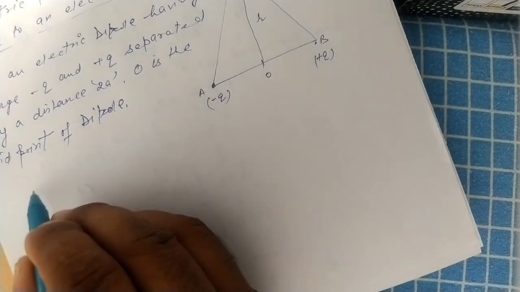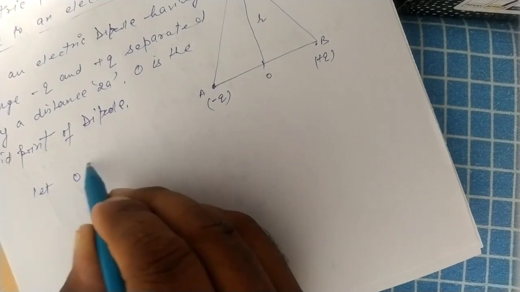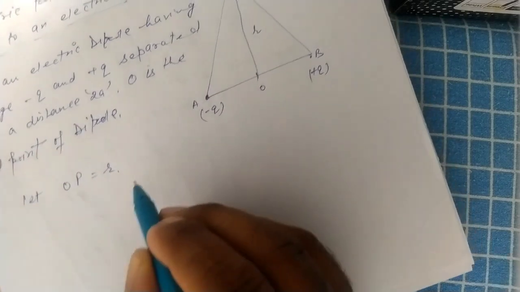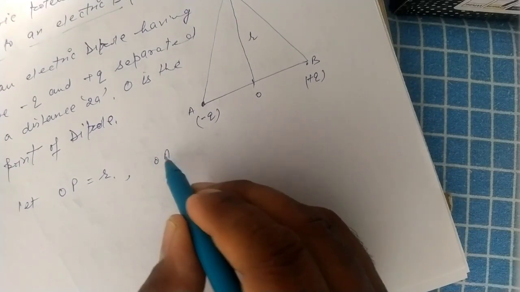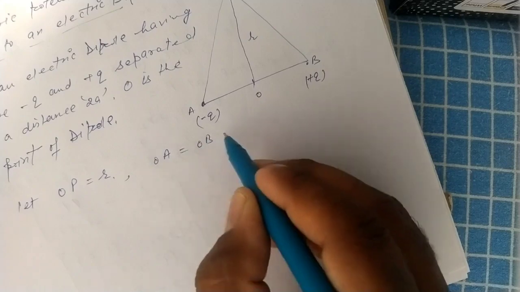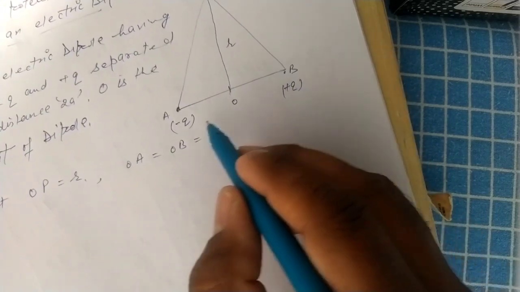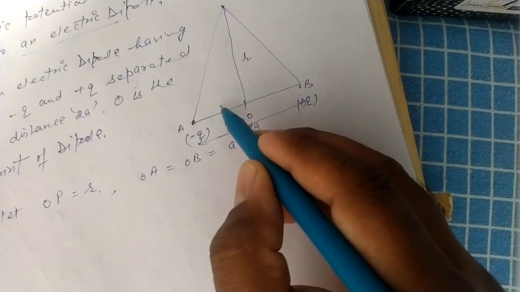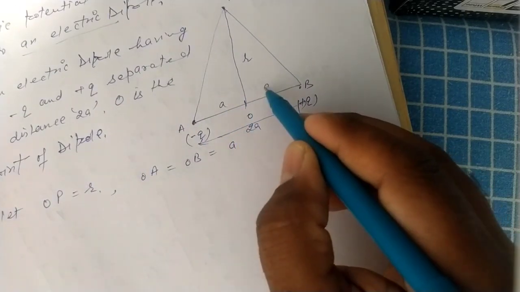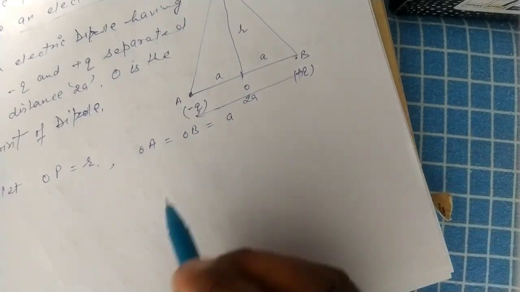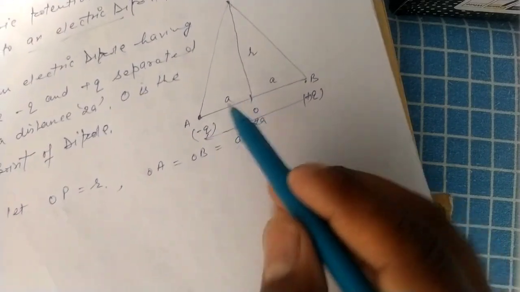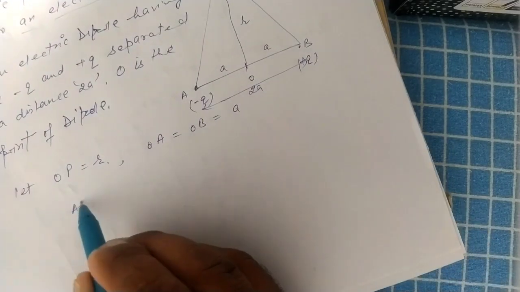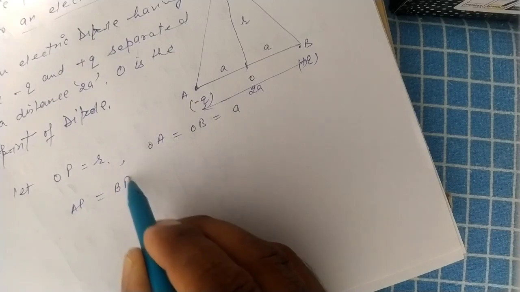Now let OP be equal to R and OA equal to OB equal to a. The length of the dipole is 2a, therefore OA is a and OB is also a. Now we can calculate the values of AP and BP.